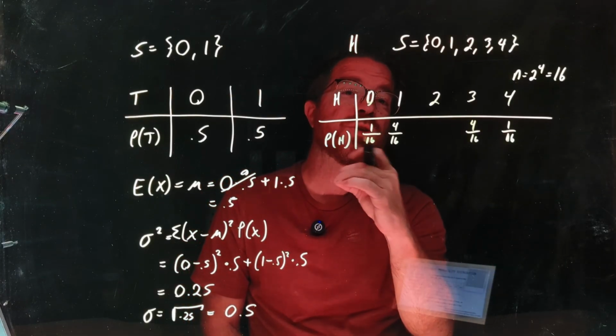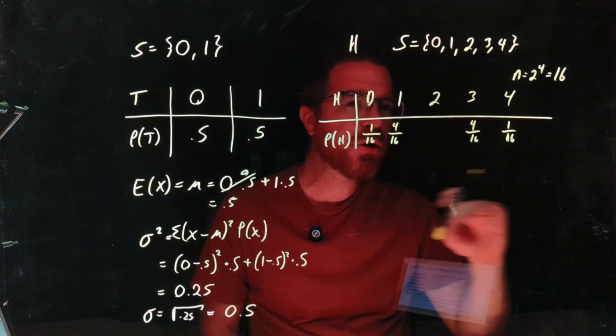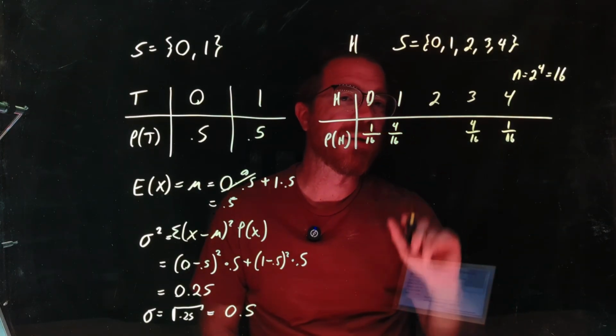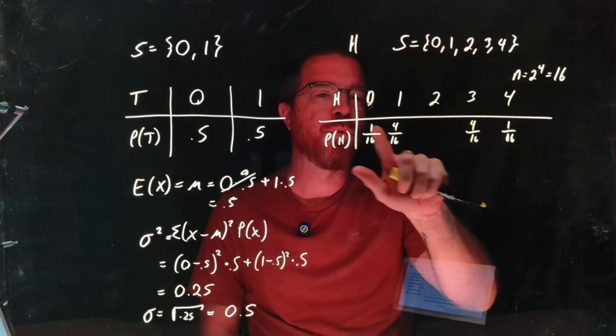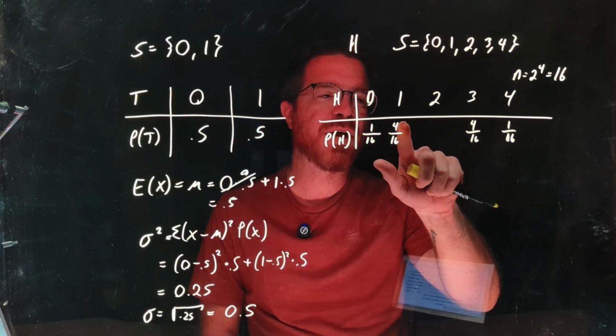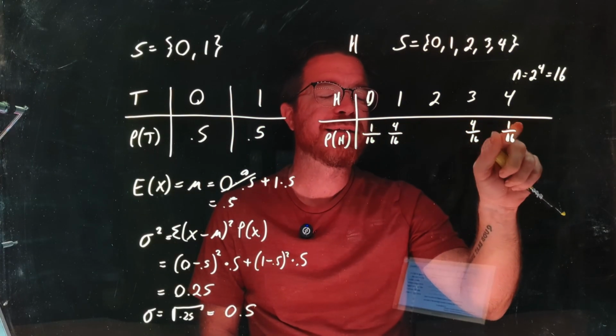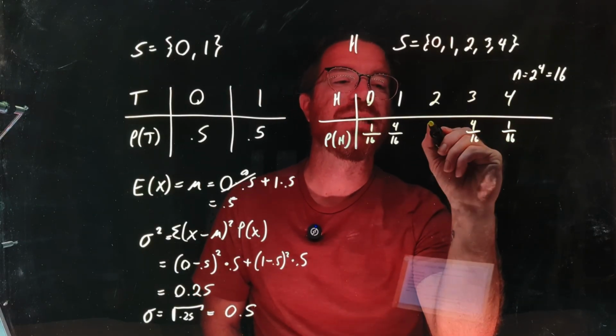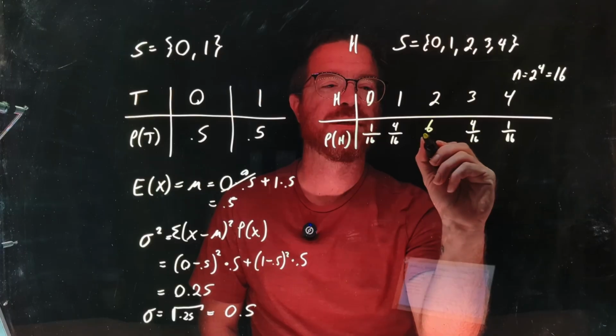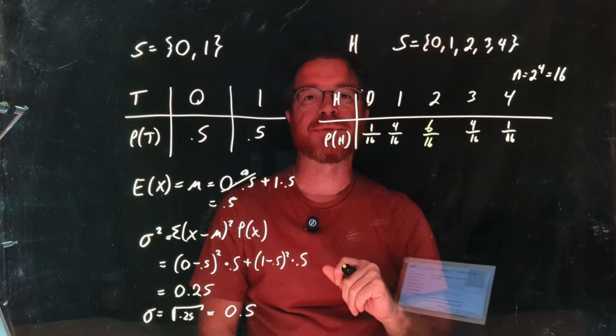Or you can use the fact that all of our probabilities must sum up to 1, meaning that if I have only one probability left, I know that I have 1, 2, 3, 4, 5, 6, 7, 8, 9, 10 of my 16 outcomes already accounted for, meaning that there are only 6 outcomes left out of those total 16 outcomes.